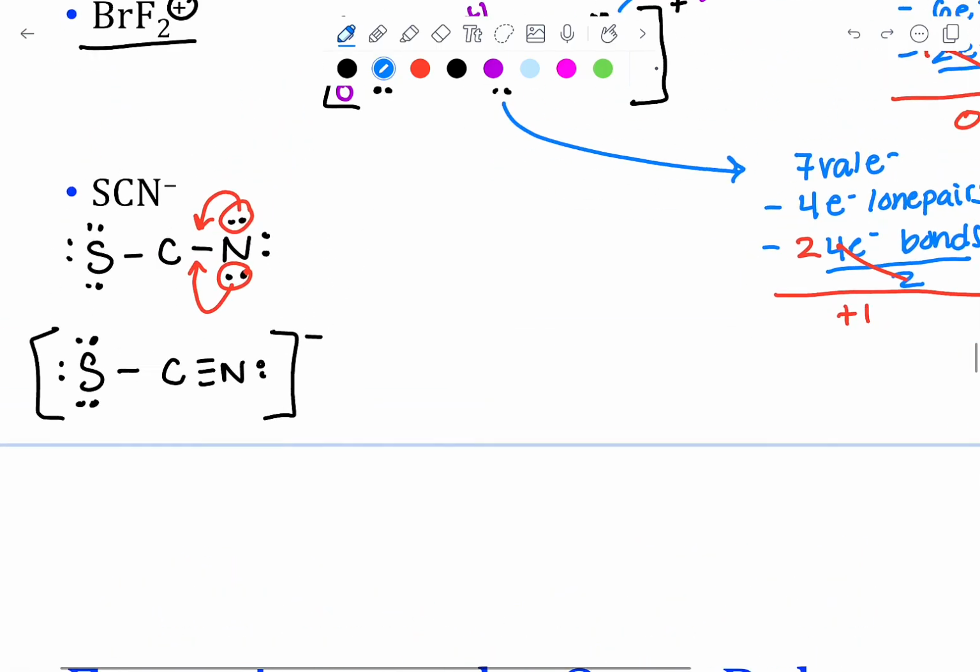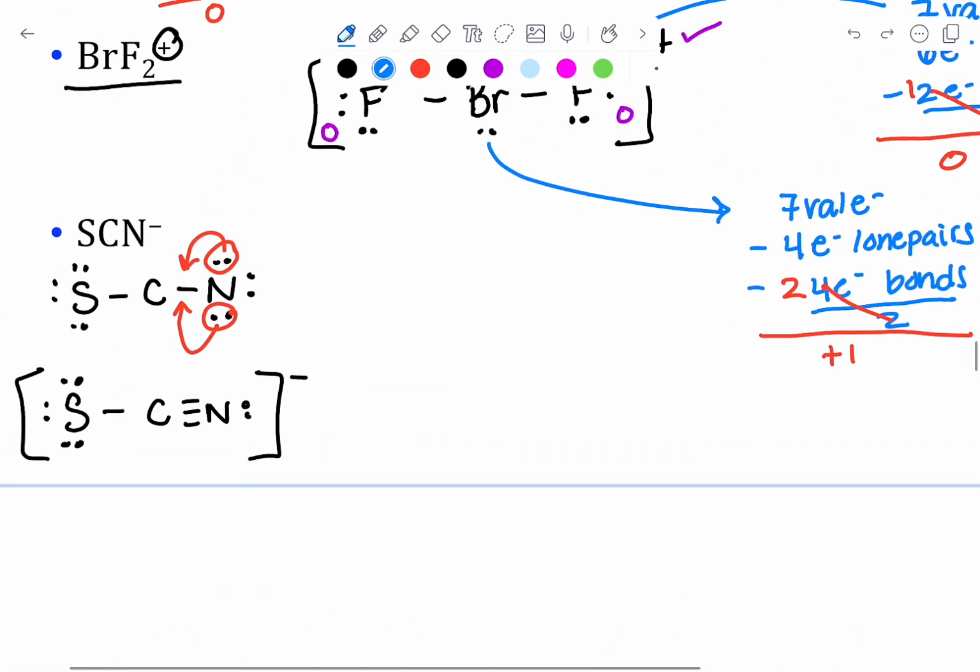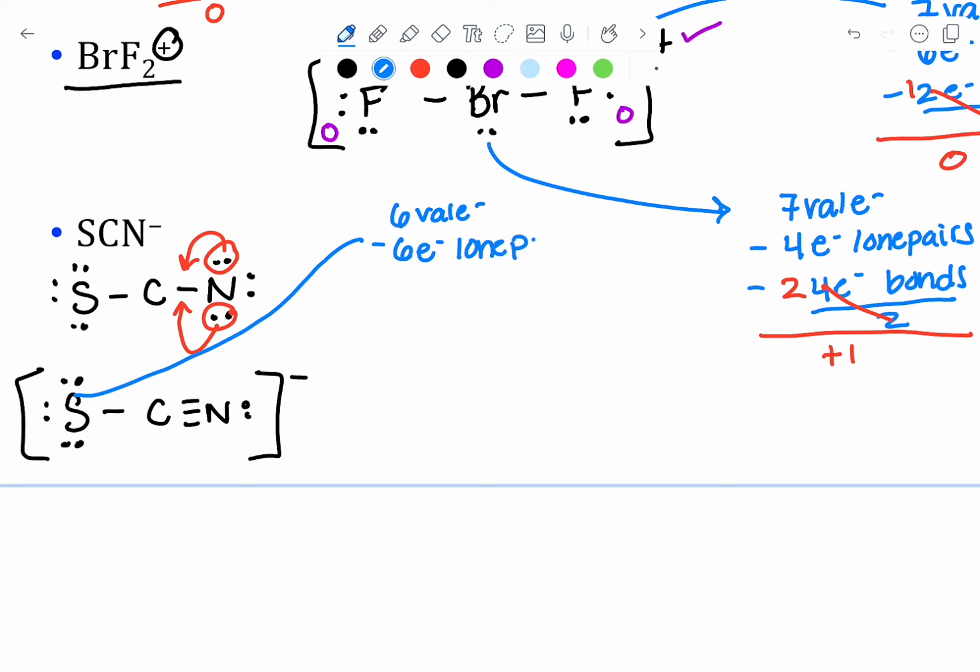Let's see. We have sulfur first. Sulfur has 6 valence electrons, currently has 6 electrons in lone pairs, and has 2 electrons in bonds, which we divide by 2 and simplify to 1. So 6 minus 6 minus 1 is an overall charge of -1 on the sulfur.